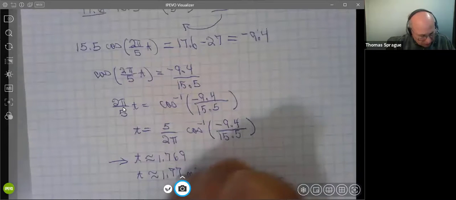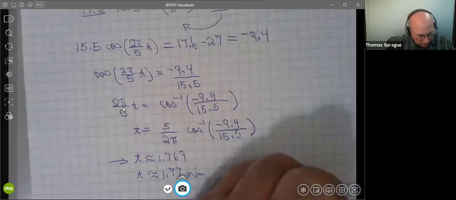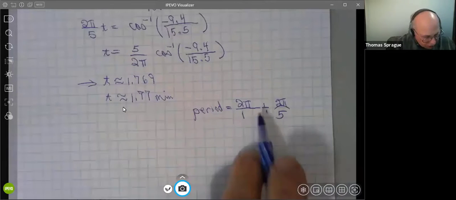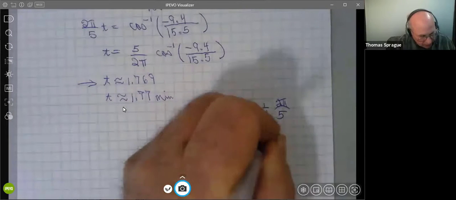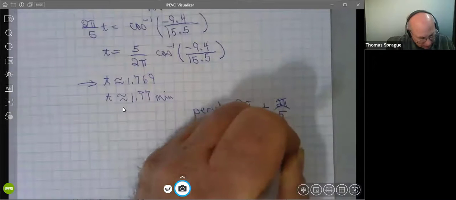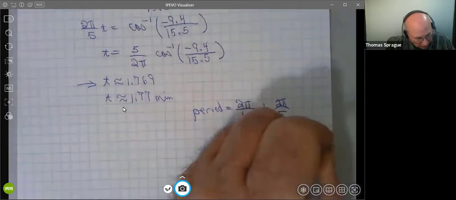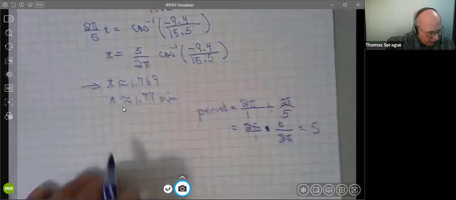Maybe I should put it this way: divided by 2 pi over 5. So in order to divide two fractions, I invert and multiply. Not equals, this is times. So those are going to cancel out. So the period of this function is 5.